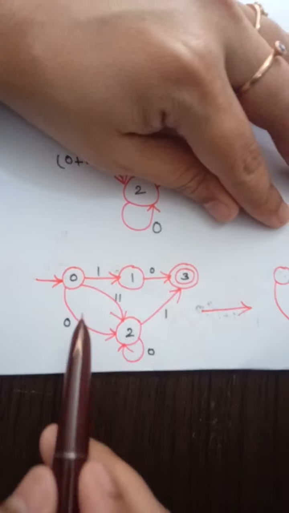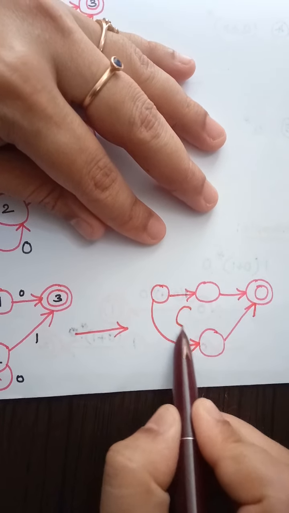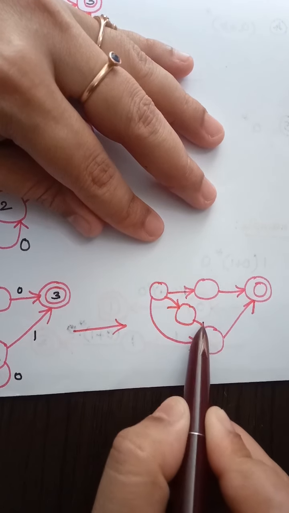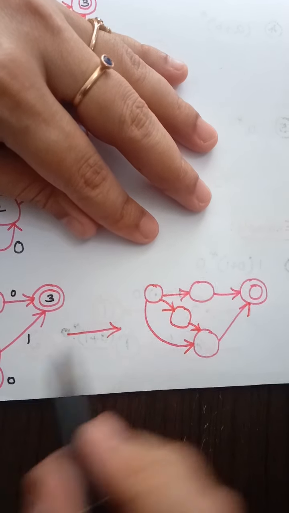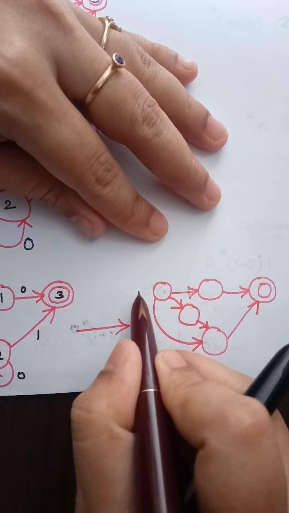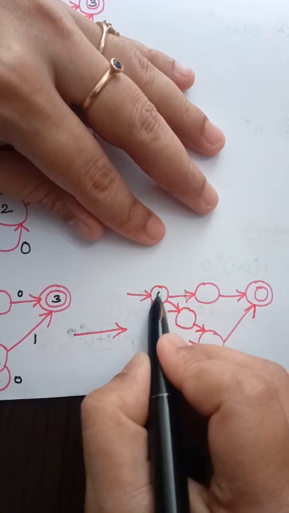While splitting this 1 and 1, we'll include one more node here. This is how the transition takes place on that node. This is the starting node, termed as 0.